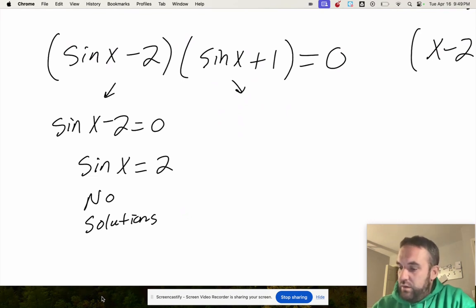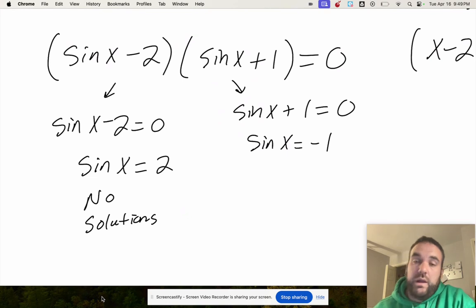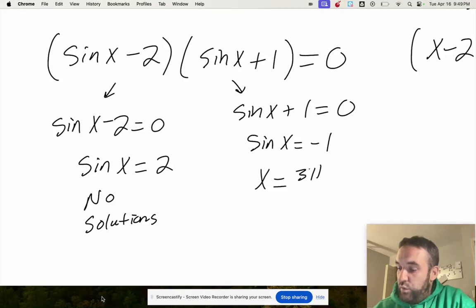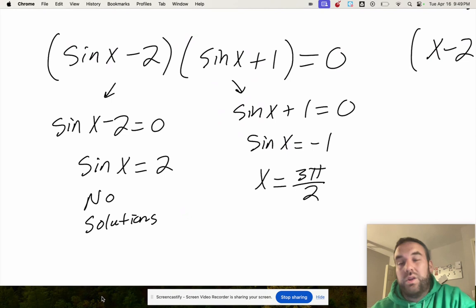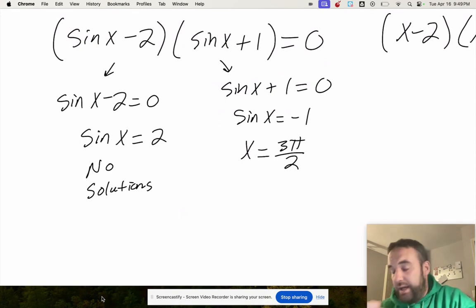And over here, I want sine of x plus 1 to equal 0, which would mean sine of x would have to equal -1. The sine of what angle equals -1? That happens at 3 pi over 2, between quadrants 3 and 4. You could also write it as negative pi over 2. And any angle that is coterminal to 3 pi over 2 would also be true here.